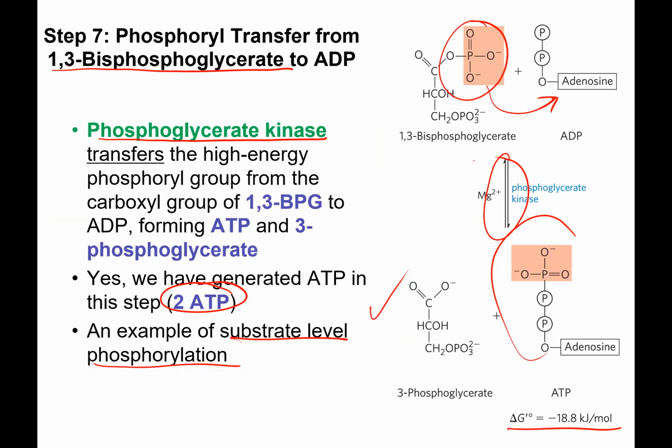What we giveth, we now taketh away in the next step, and we use it to phosphorylate. So isn't that interesting? You put on an inorganic phosphate and then you immediately use it to phosphorylate an ADP molecule. Okay, so that's our narrative.